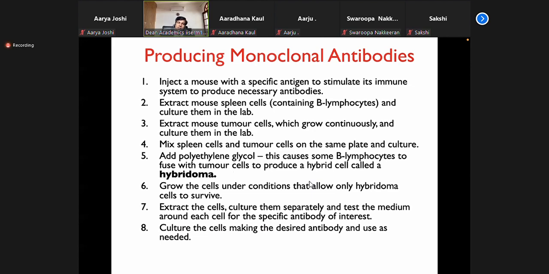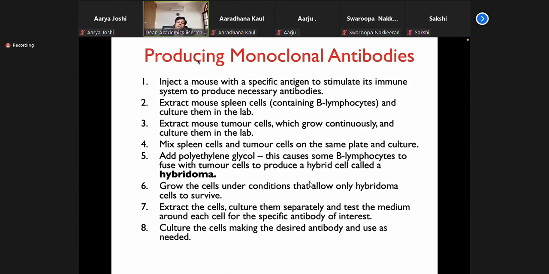There are also some proteins derived from some viruses which can be used. Then you are going to observe cell-to-cell fusion, generation of these hybridomas. Then you have to select these hybridomas and screen for their ability to produce antibodies.